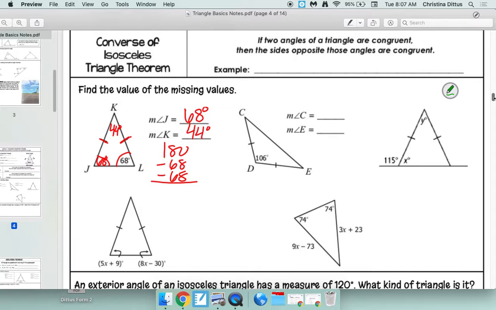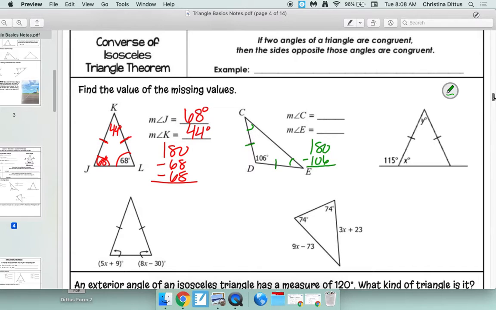Alright. And the next one. I have two sides of the same. So D is my vertex angle because it's in between those two. So which angles have to be the same? C and E. Good. How can I figure out how big C and E are? 180 minus 106.